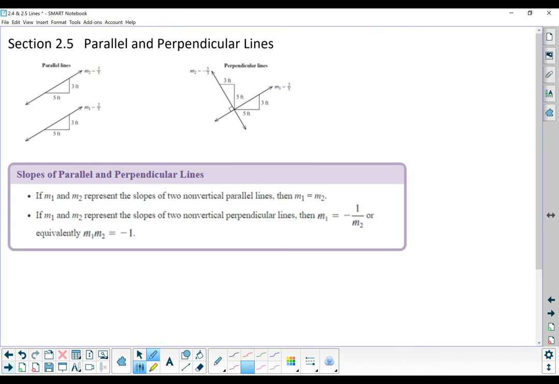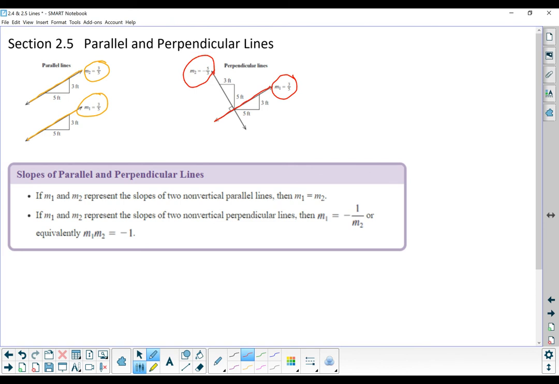Okay, the last two topics have to do with parallel and perpendicular lines. So if you have two lines that are parallel, that means they have the same slope. In this case, those two lines both have the slope of 3/5. If two lines are perpendicular, that means that whatever the slope of one of those lines is, the other one is the negative reciprocal.